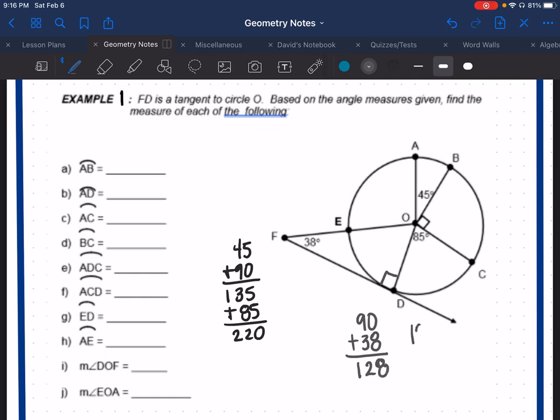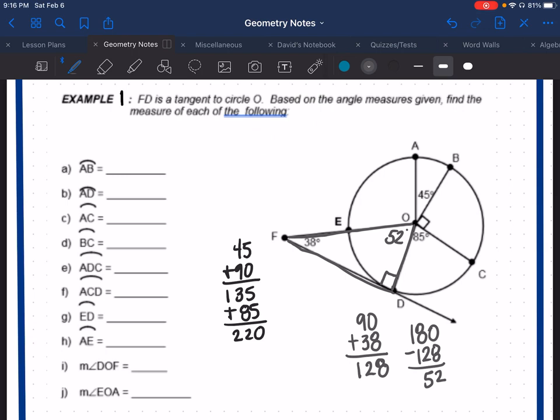Let's take that away from 180 because we know that it is a triangle, and that would give me 52. So we were focusing right here on this triangle. Let me trace it nice for you. And we've just learned that this angle is 52 degrees.